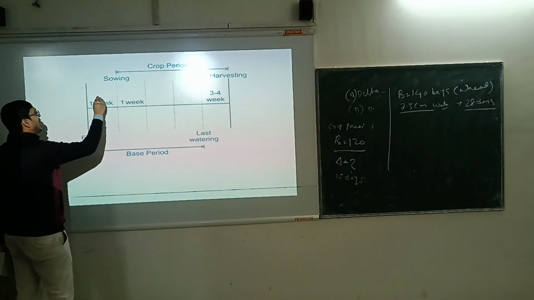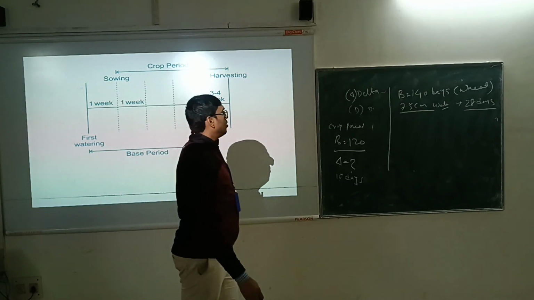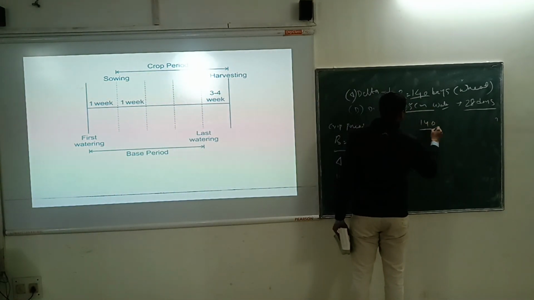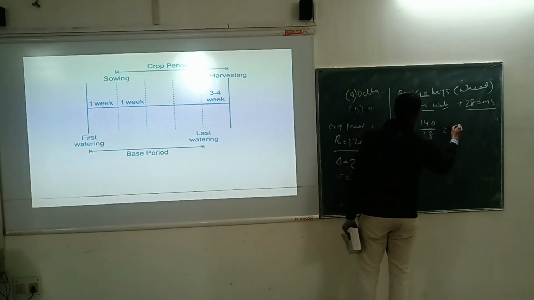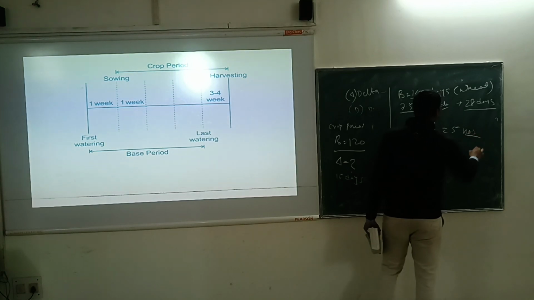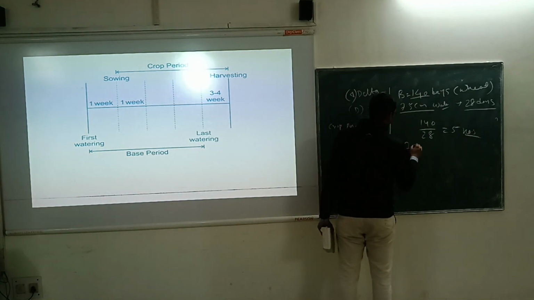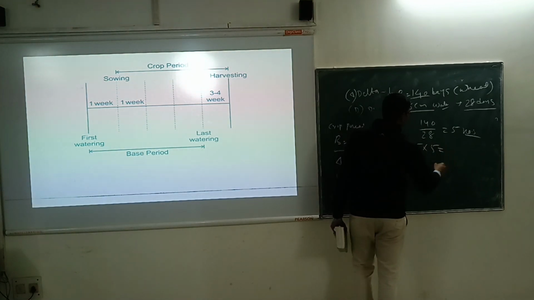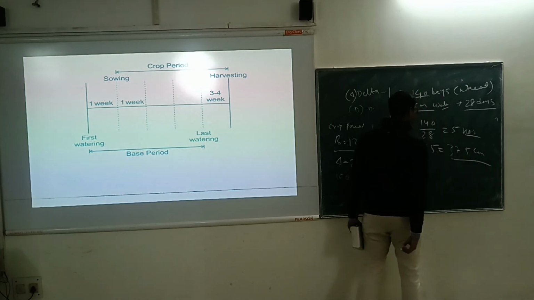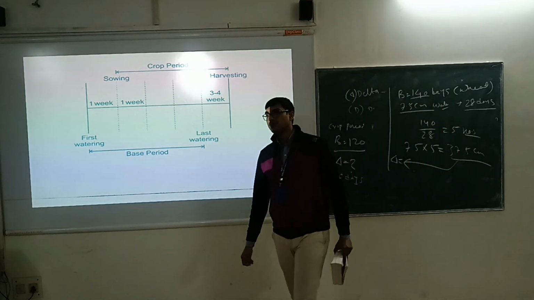The total is 140 days, so how many intervals are there? 140 divided by 28 is 5. Each is 7.5 centimeter depth of water, so 7.5 into 5 is 37.5 centimeter. This is the total delta value. Clear?